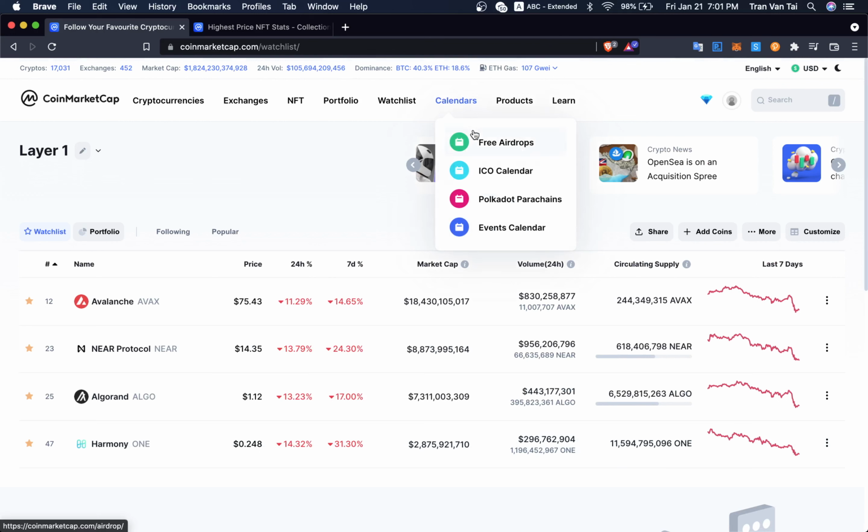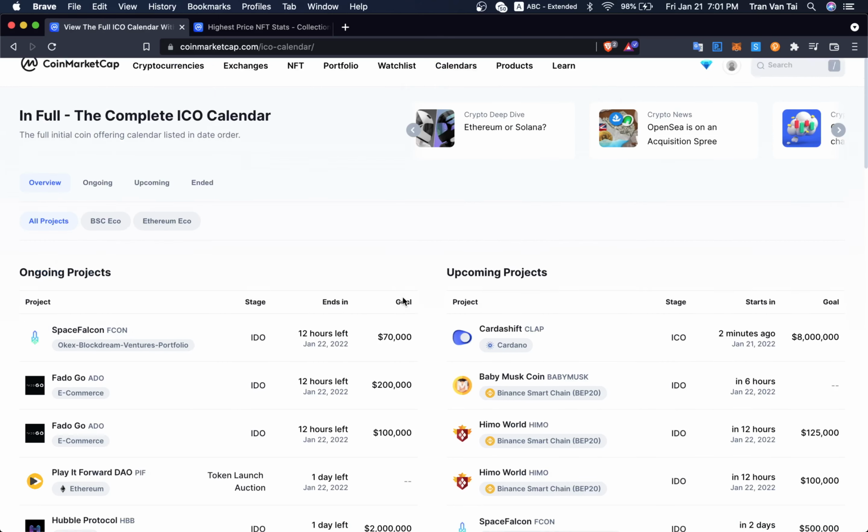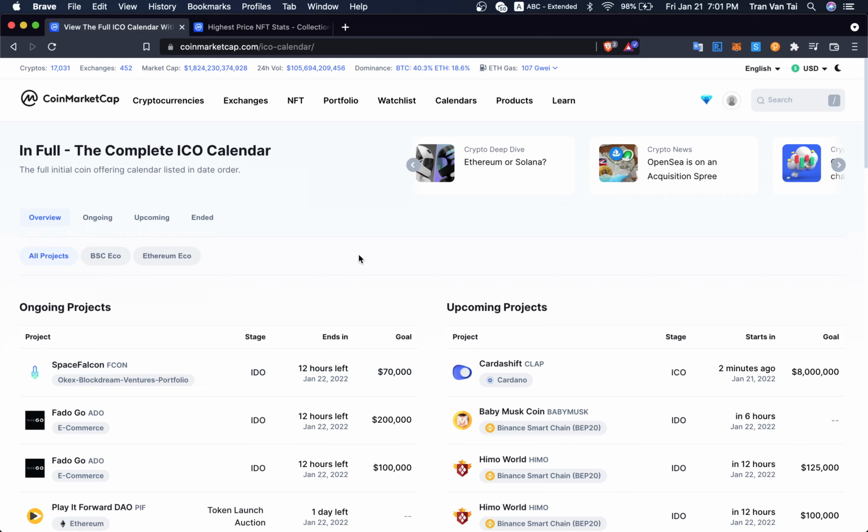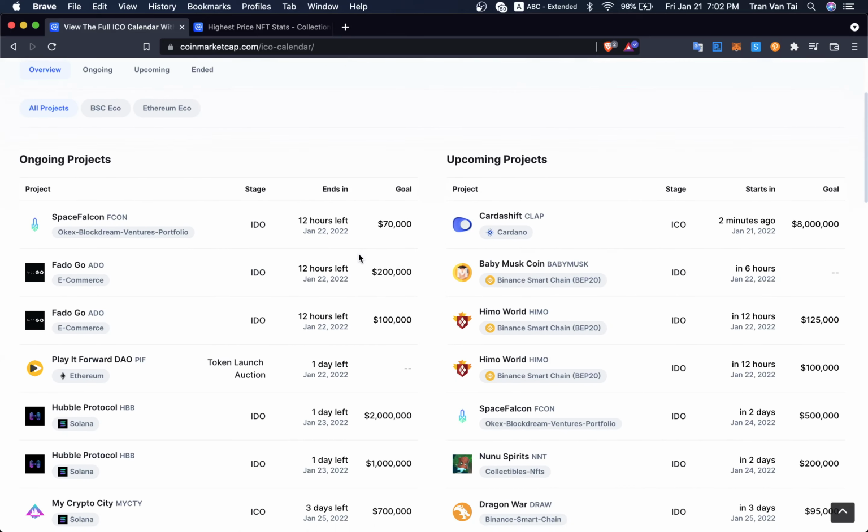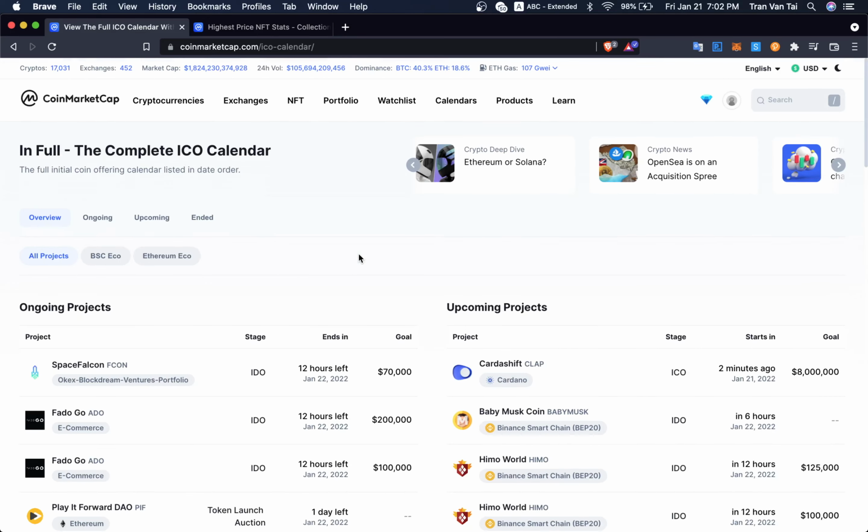And one of the good things I can see on CoinMarketCap is the ICO calendar. When I look into this option, I can view all the ICO tokens happening currently, and therefore I can join some good tokens. They can have a huge increase in the future.